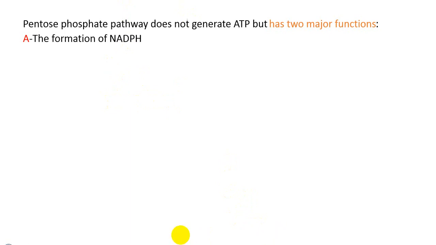Yes, the formation of NADPH, or nicotinamide adenine dinucleotide phosphate, abbreviated NADP plus, or in old notation TPN, is one cofactor used in anabolic reactions such as the Calvin cycle and lipid and nucleic acid synthesis, which require NADPH as a reducing agent.